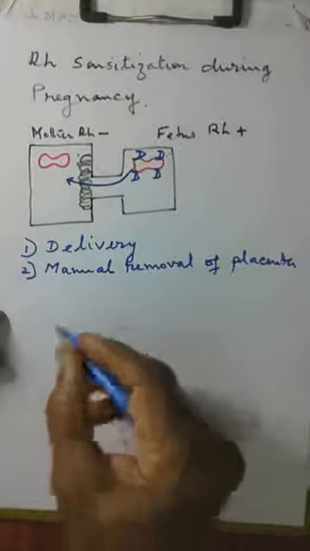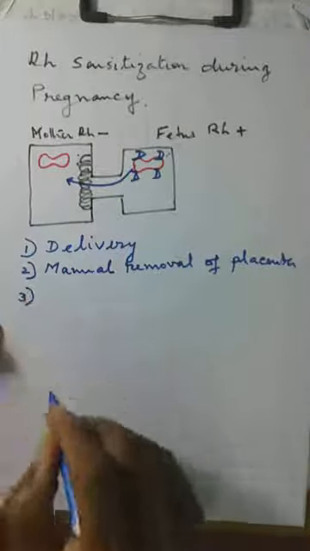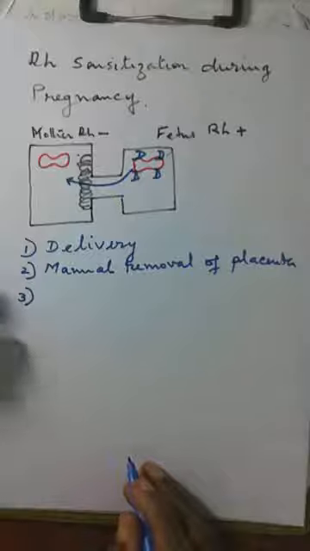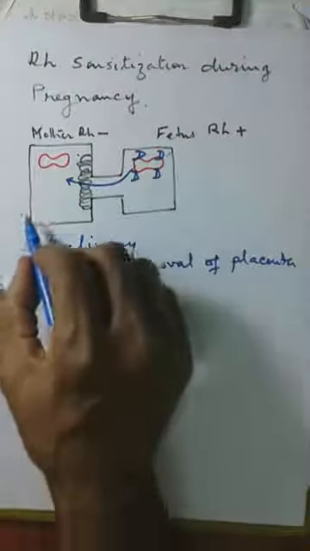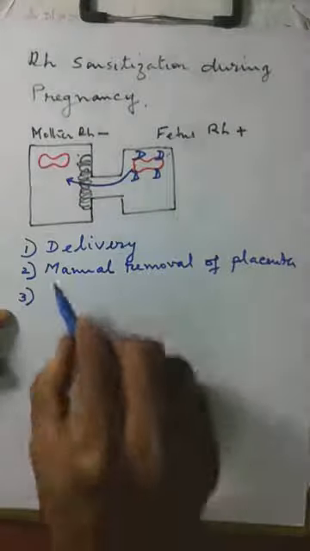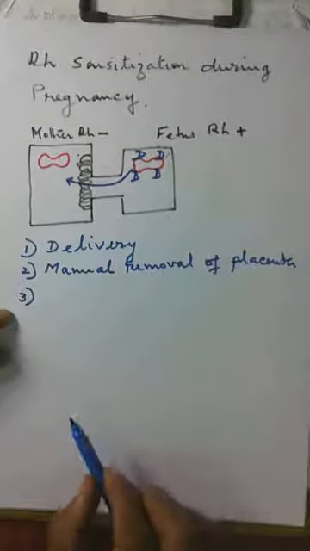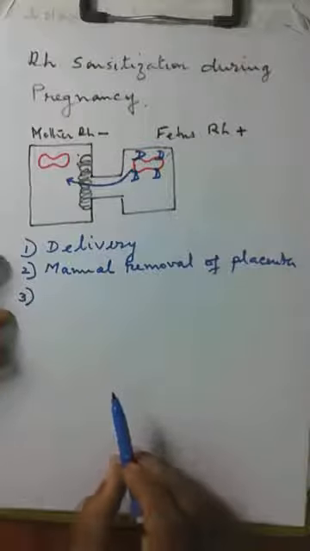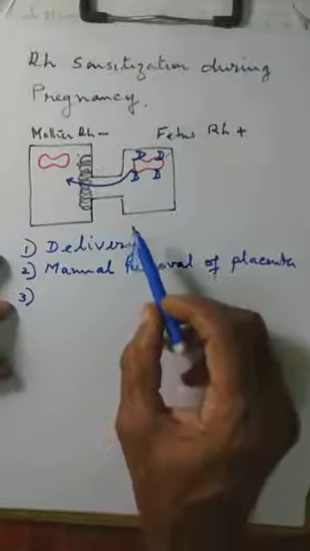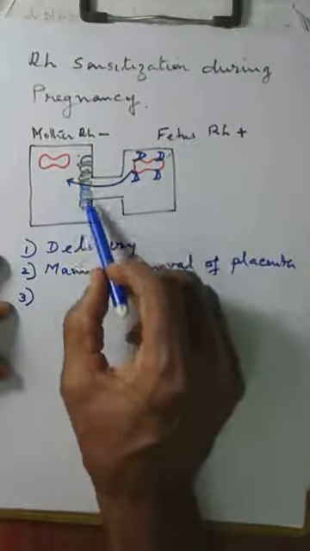What is the next event? Suppose this lady is traveling in a car or motorbike, and she meets with an accident. There can be some trauma which can give some problem to this placenta.